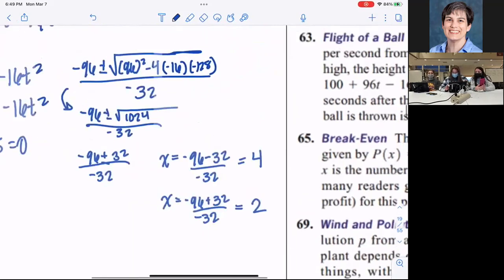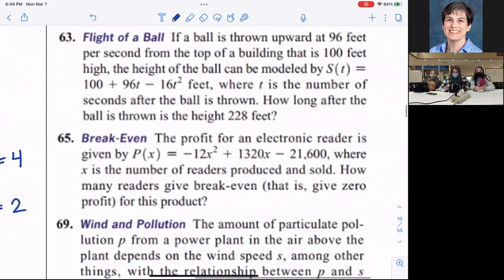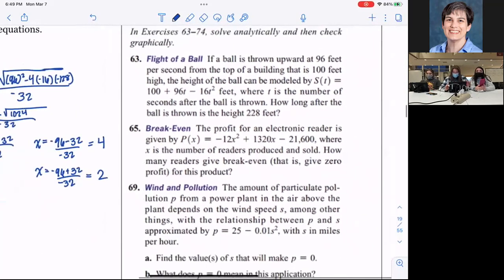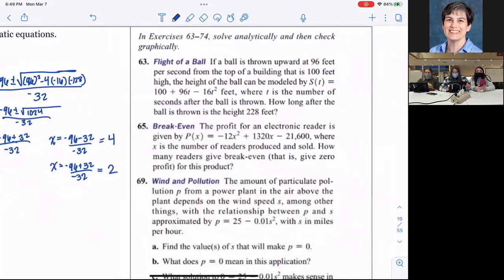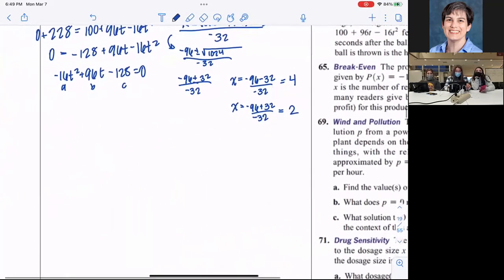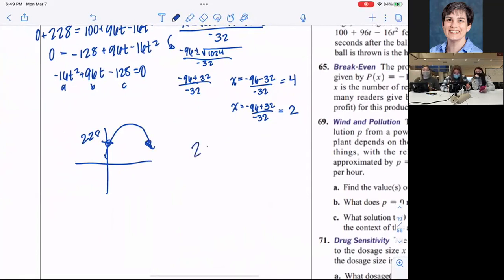So we know, okay, how long after the ball is thrown is the height 228 feet? The deal about this graph is it's going to look like this, not like that. Say 228 right here. It hits that 2 times, right? So your answer would be after 2 seconds and then 4 seconds.